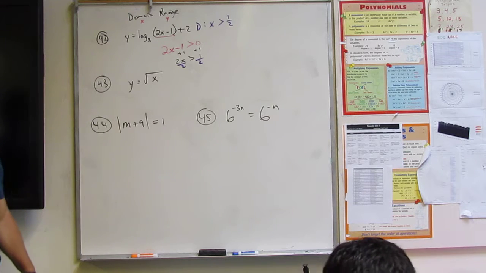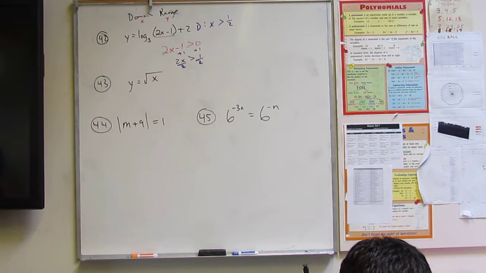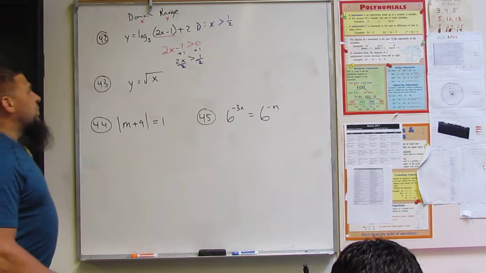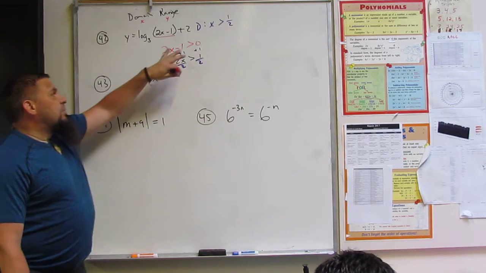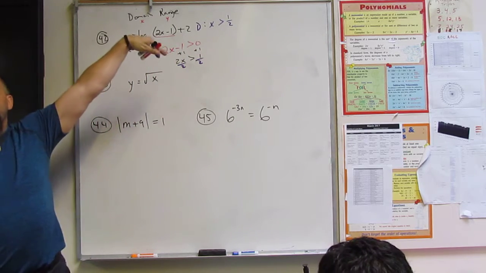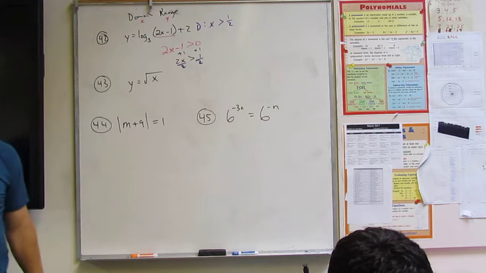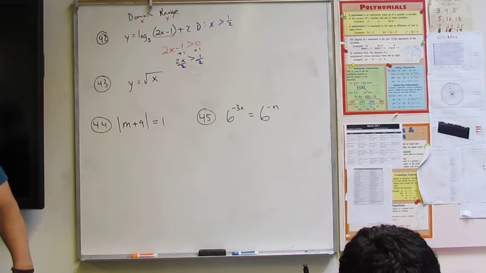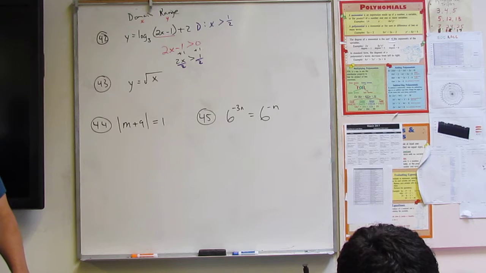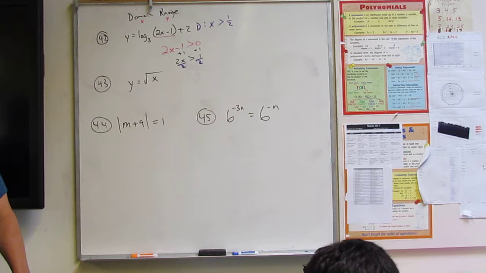So then we think, okay, let's go a little bit bigger. What if x were a little bit bigger than 1/2, right? A little bit bigger than 1/2 would be like 51 over 100. That'd be a little bit bigger, right? But that's kind of hard.